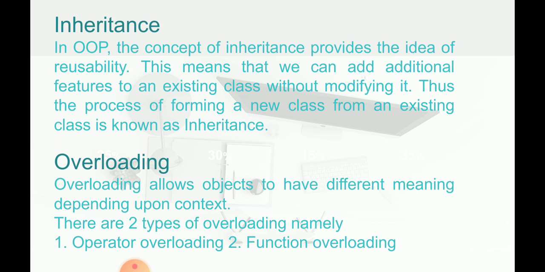Both functions have the same name sum but the arguments are different. This is known as function overloading. So when the program calls sum(a, b, c), the function with the three arguments will be called. When the program calls sum(a, b), the function with the two arguments will be called. This is how function overloading is done.